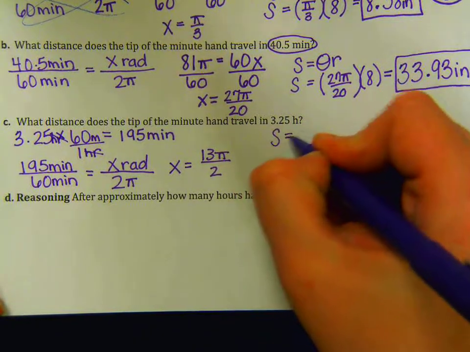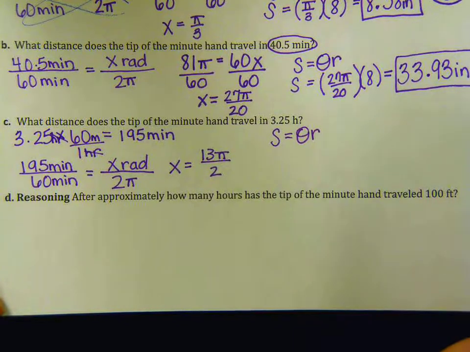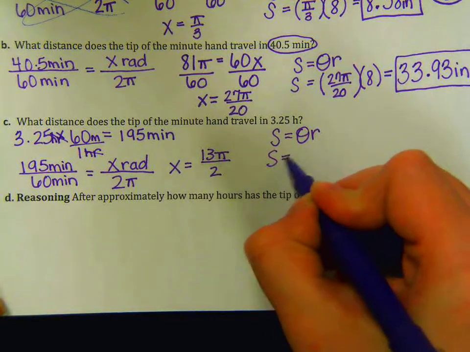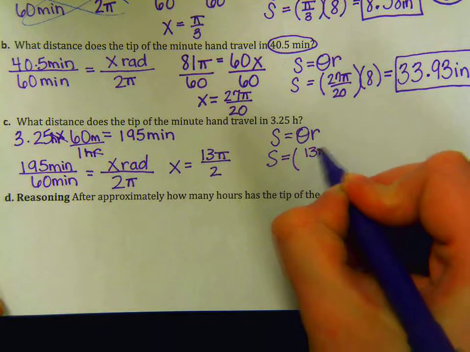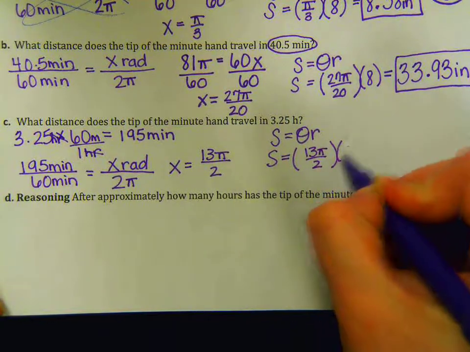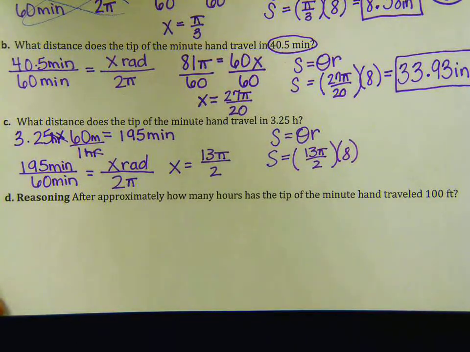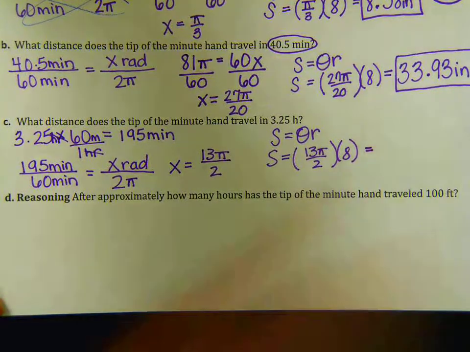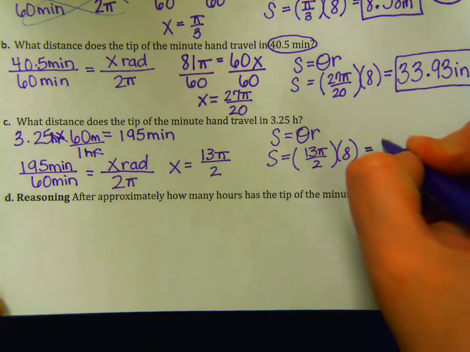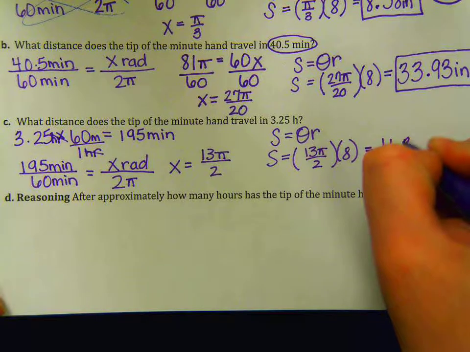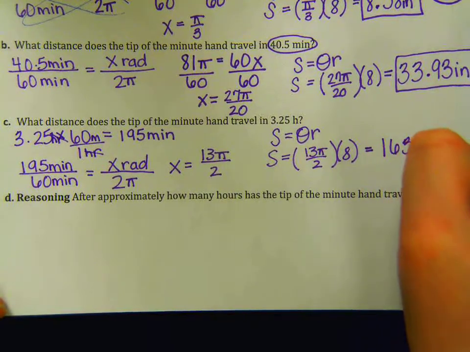So S equals theta r. Plug in our newfound theta. And plug in your 8 inches for the minute hand. We'll get about 163.36 inches.